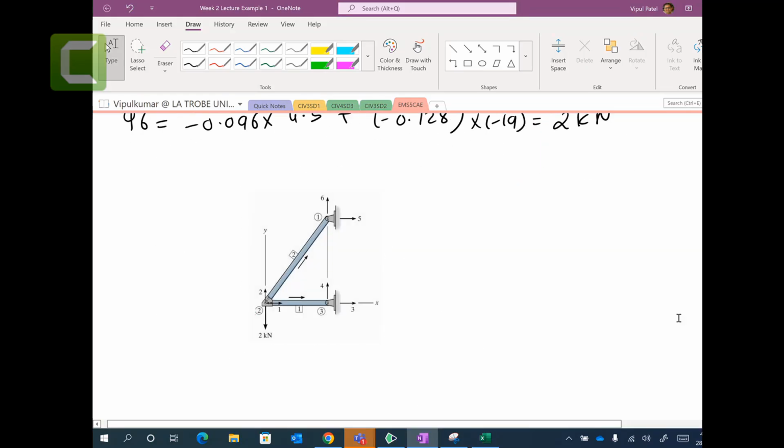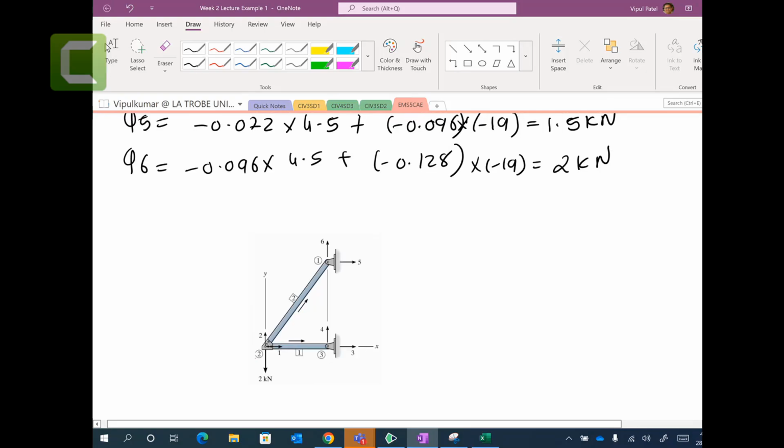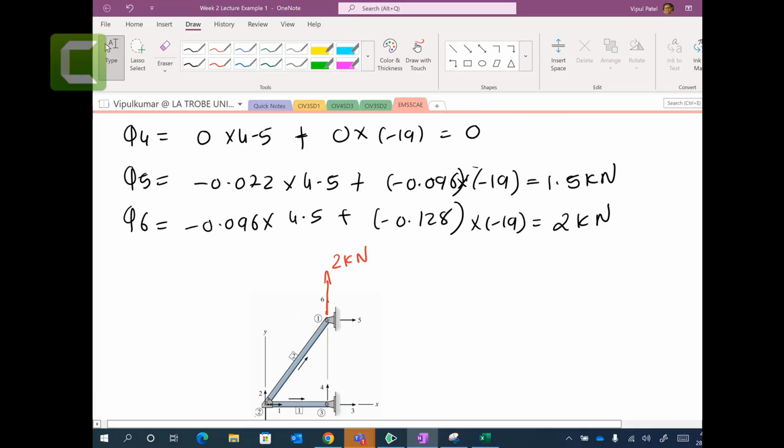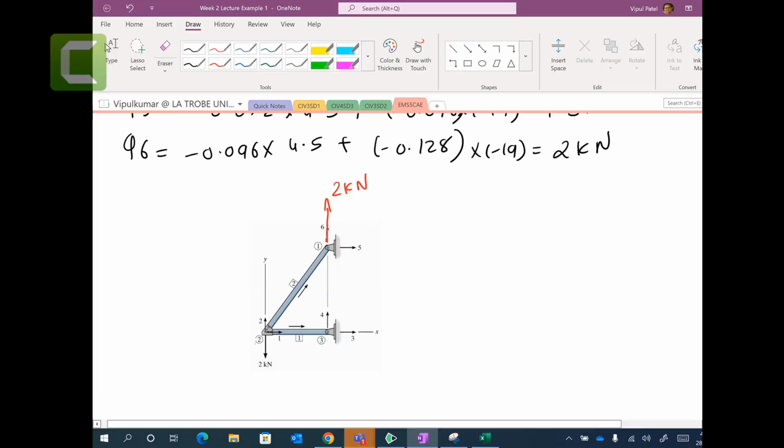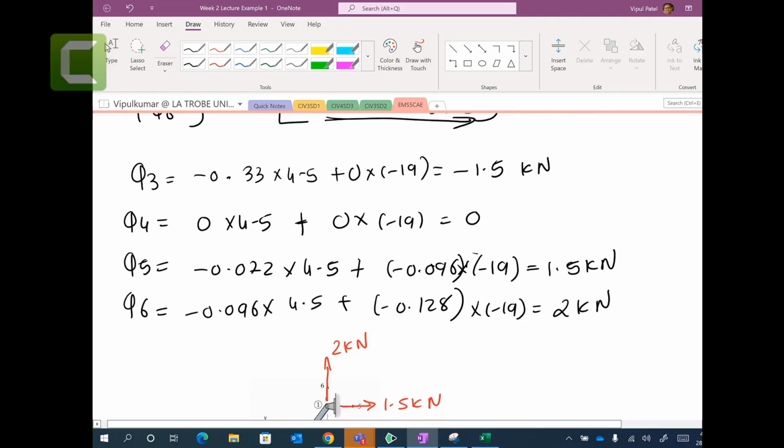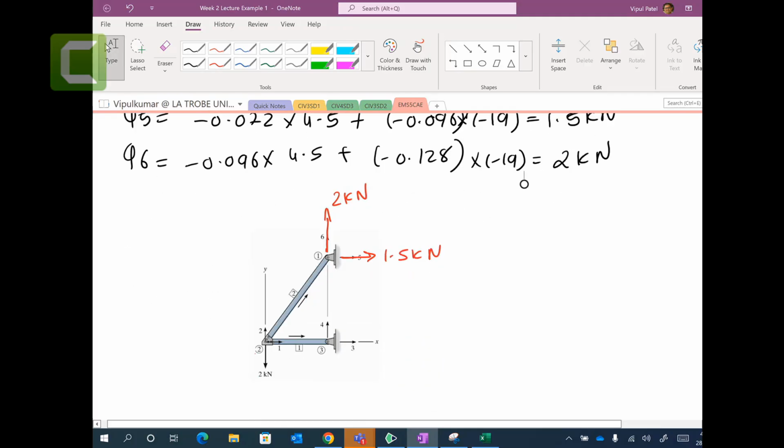So in here, for the equilibrium, let's say you have a reaction for Q6 of 2 kilonewtons, positive. Q5 is 1.5 kilonewtons, and Q3 is minus 1.5. So you can look at the horizontal equilibrium.